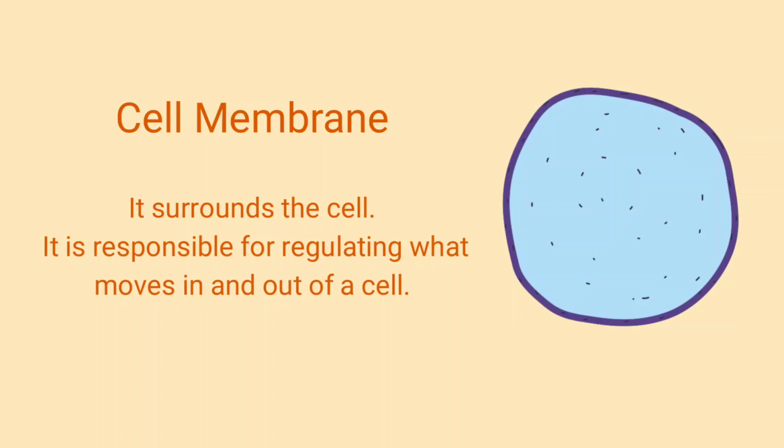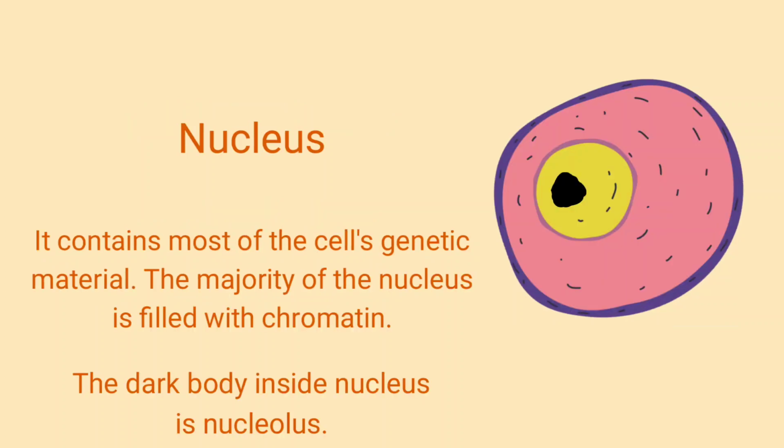Next cell organelle is the nucleus. The nucleus is the main part or cell organelle of the cell. It contains all the genetic material, and the nucleus is majorly filled with chromatin. Chromatin is a thread-like structure which has DNA and chromosomes. It helps in cell division.